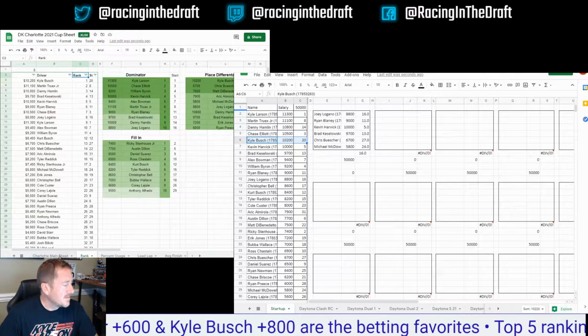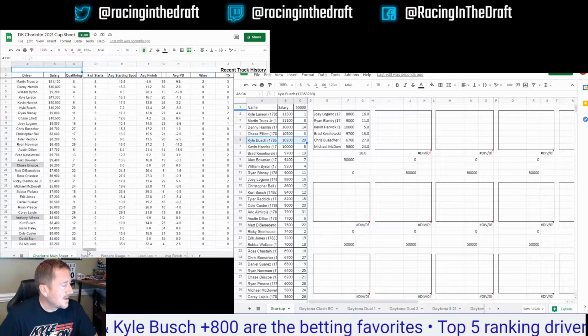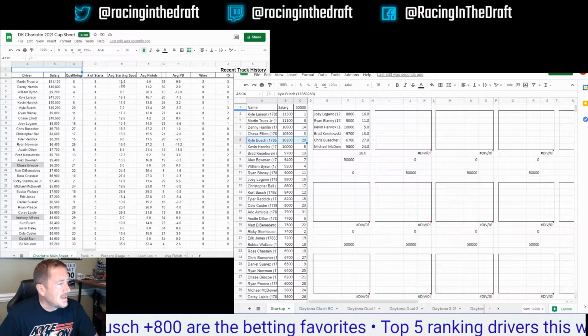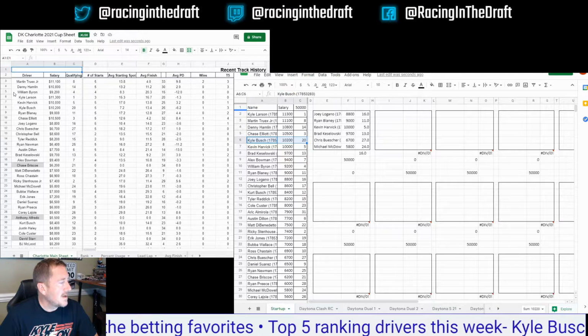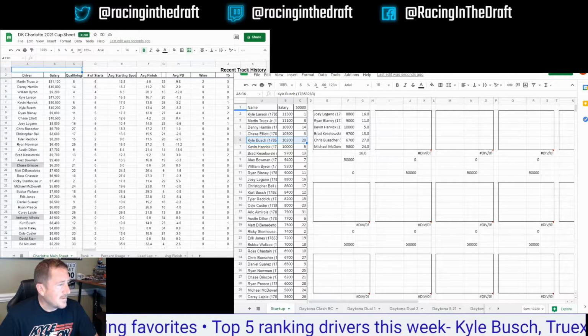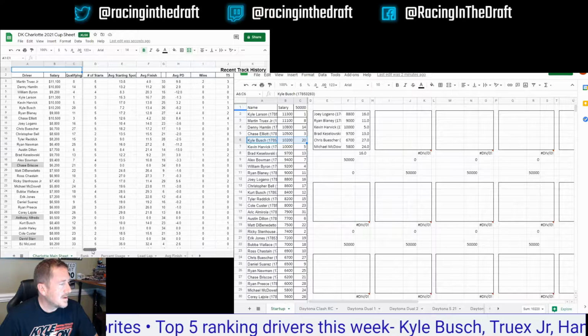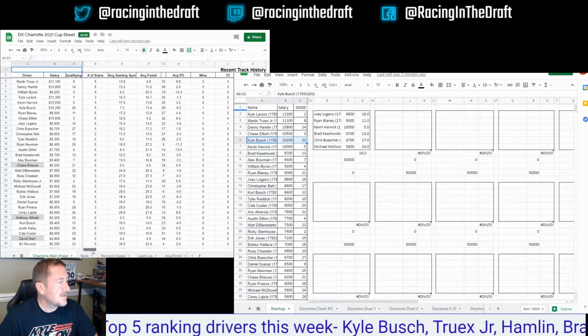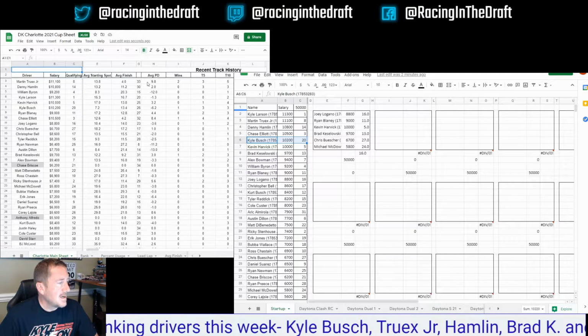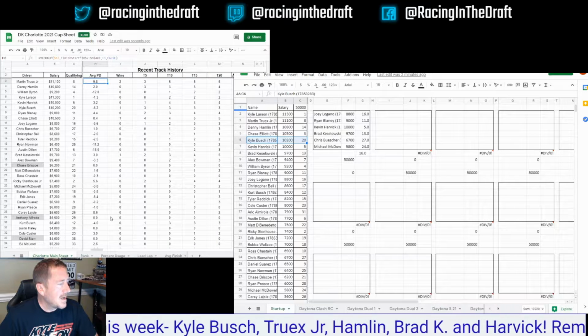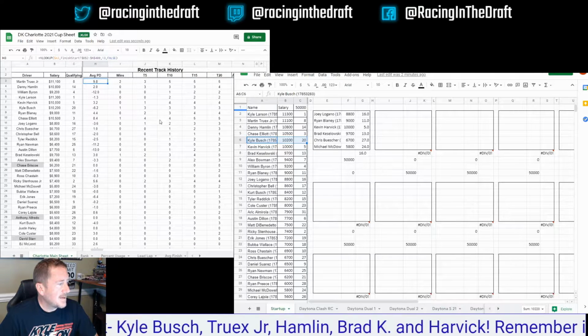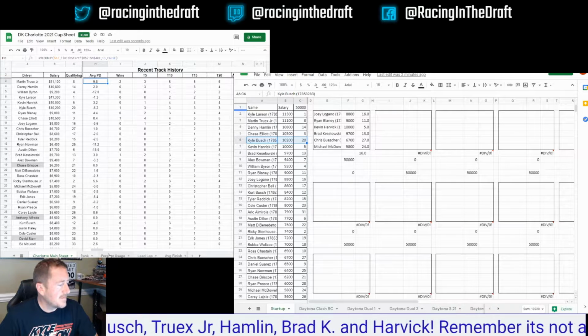And this all comes from, let's take you behind the scenes a little bit. This literally is how this all gets created. I'm looking at recent track history to start, and it's got the number of starts, average starting spot, finish, their average place differential, how many wins in the last 5, top 5s, top 10s, top 15s, top 20s.